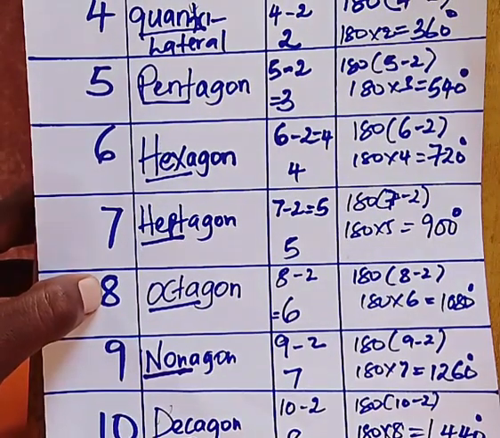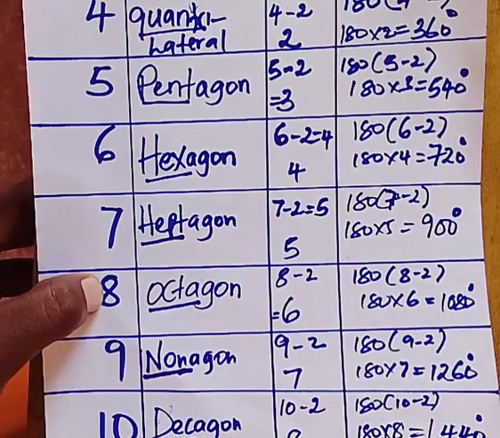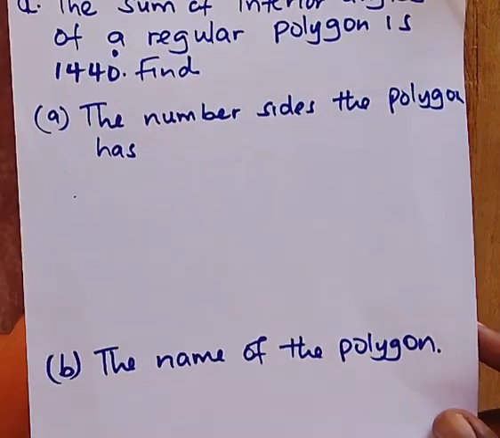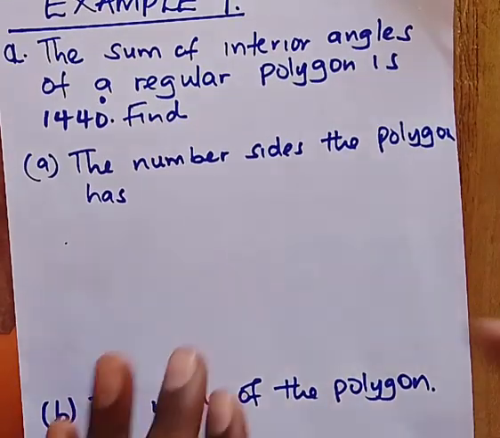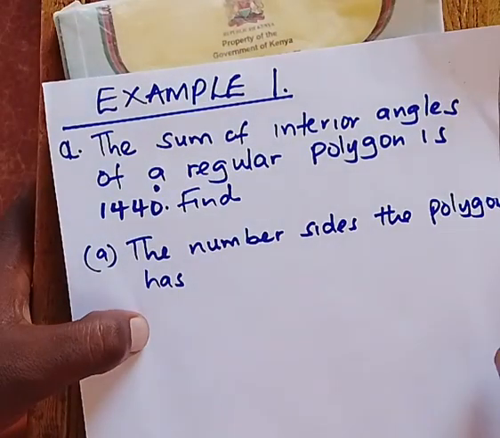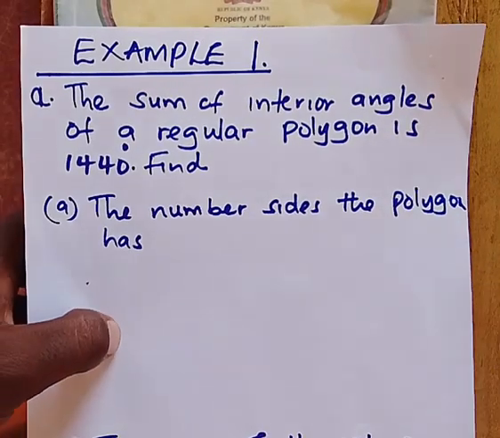So with that, we can name the polygons according to the number of sides a polygon has. Now we go to scenarios where we can try to solve some examples associated with polygons.